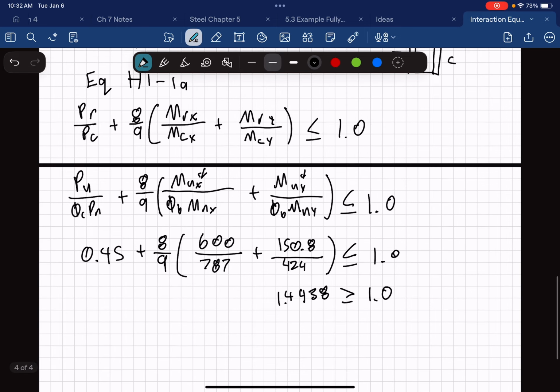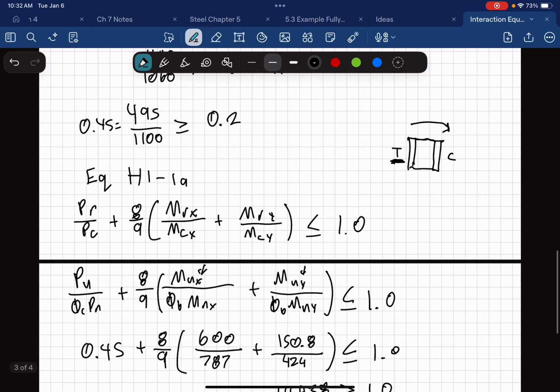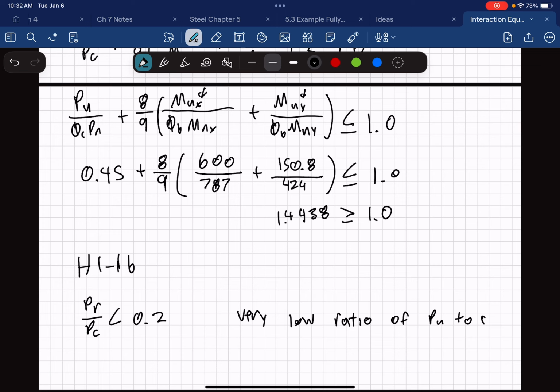And we can look briefly at what H1-1B is, just so that you know. This is if PC is less than 0.2. In other words, a very low ratio of required strength to available strength, or PU to phi CPN in this equation because we're using LRFD.